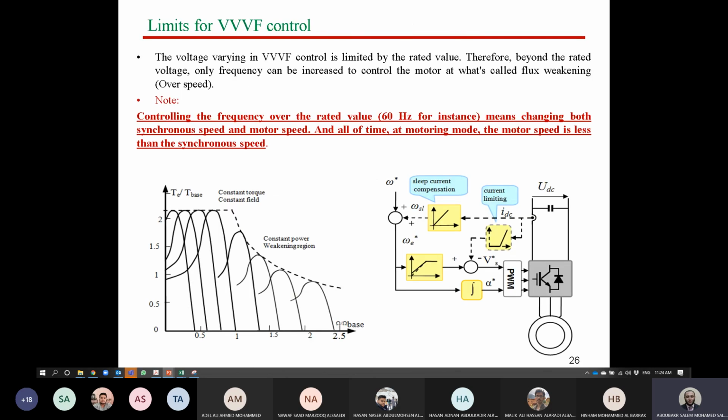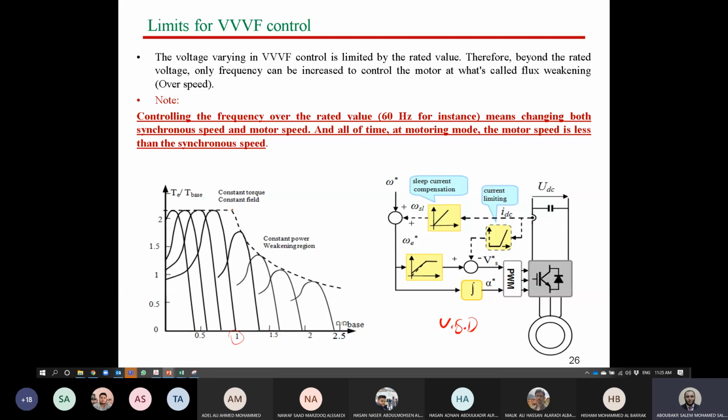We discussed also how we can make V over F control practically, and we said V over F control can be made by variable speed drives, VSD. We will discuss it, inshallah, at the last topic in our course. And this is the characteristic for V over F up to rated speed, or rated conditions at 1 per unit.